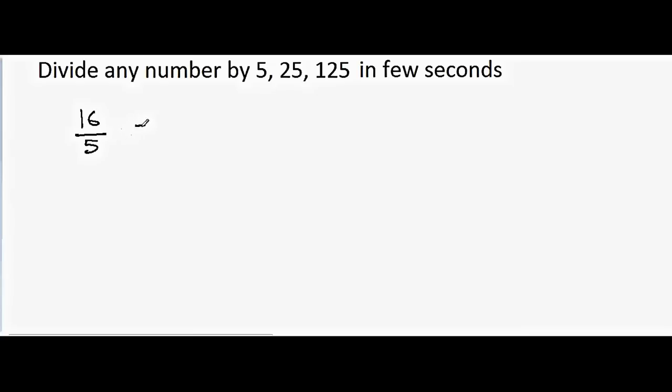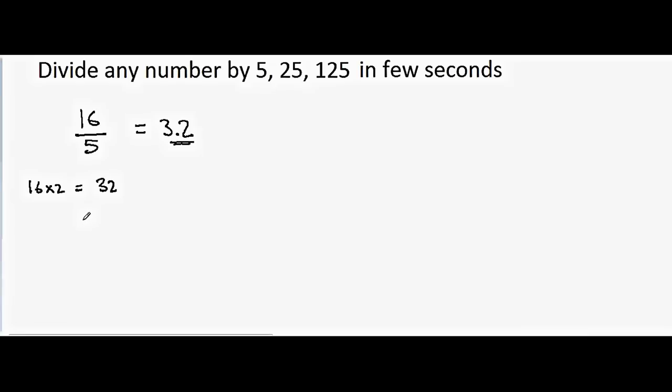However, with this trick, the easy way is you just multiply 16 by 2, which is equal to 32. I write 32 here, and then I put a decimal after one digit from the right. That is my answer. So I just doubled the number, and then put a decimal after one digit on the right.